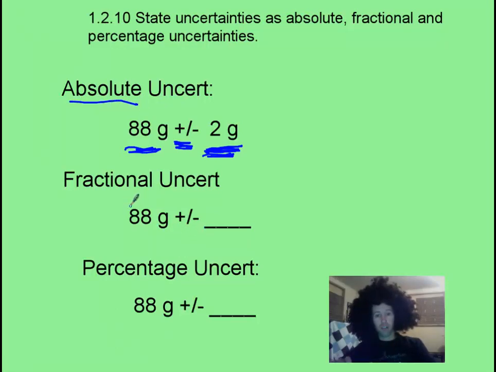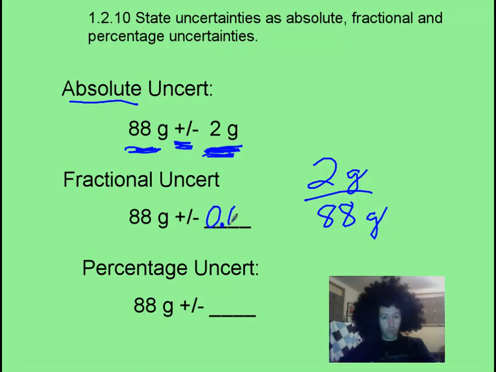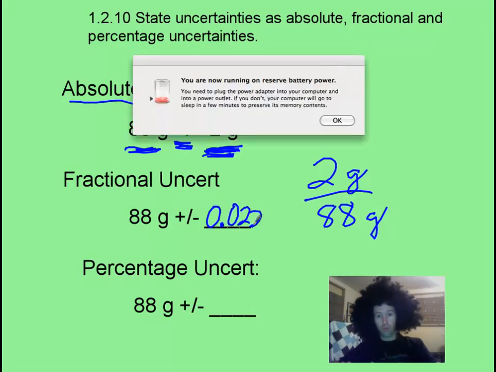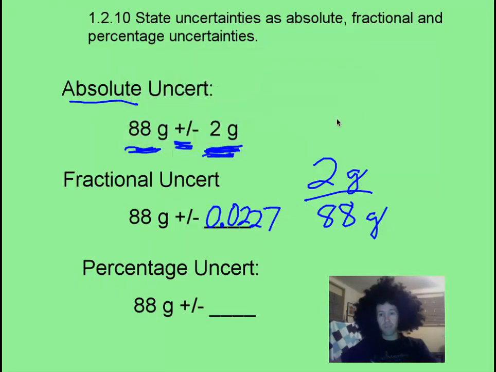Now, your fractional uncertainty and your percentage uncertainty. For fractional, what you would do is take the 2 grams and divide it by the 88 grams. If you work that out on your calculator, you're going to get something like 0.0227.